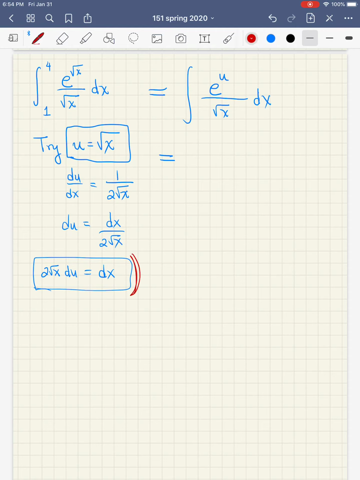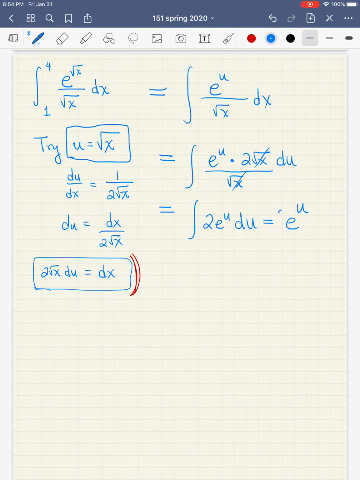So we're going to get the integral of e to the u times 2 square root of x du, and then we're dividing by square root of x. And finally, we get that lovely cancellation, which is good. So now we get the integral of 2 e to the u du, which is equal to e to the u times 2.